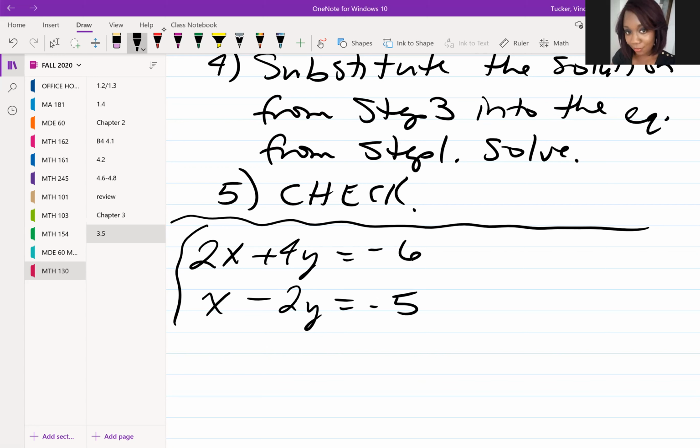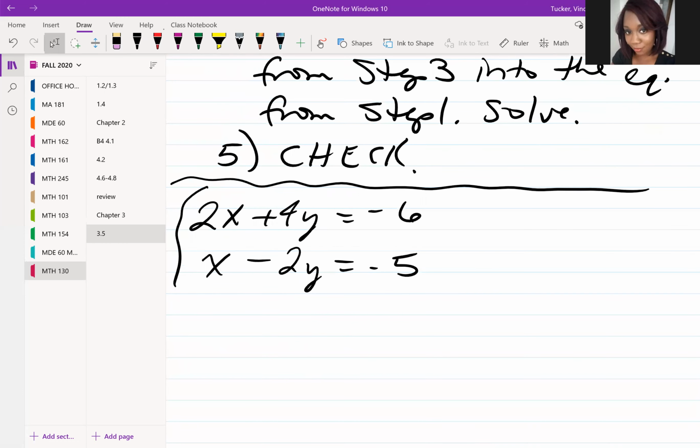Oh, I got my pages mixed up. All right, so that's a good one. All right, so let's go ahead.